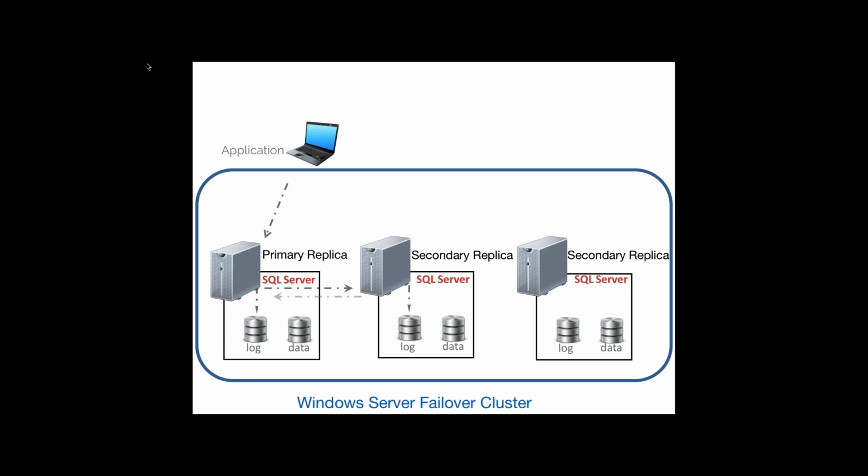Here, you can have multiple partners, which means if you have multiple secondary replicas in a synchronous availability group configuration, you are at the mercy, or your primary replica is at the mercy of the slowest secondary replica.